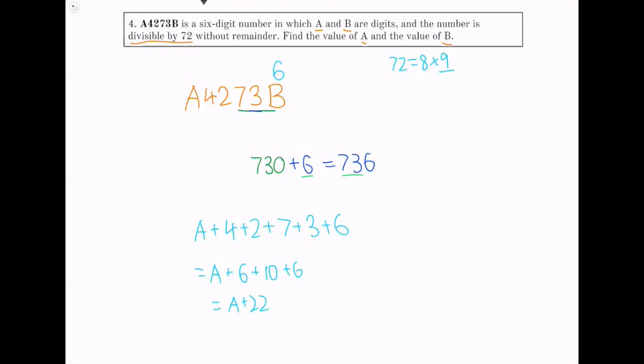And this will be divisible by 9 if a is 5. So a is 5, b is 6. Any questions? Let's move on.